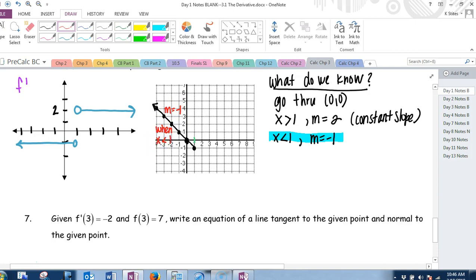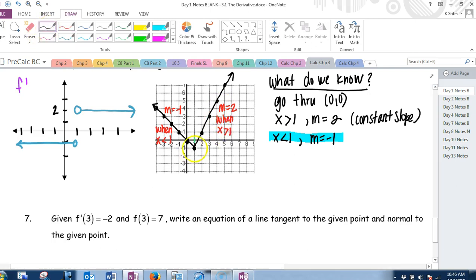All right, well now when x is greater than 1, the slope is 2. So at 1, greater than that, my slope is 2. 2 over 1. 2. So m is equal to 2 when x is greater than 1.